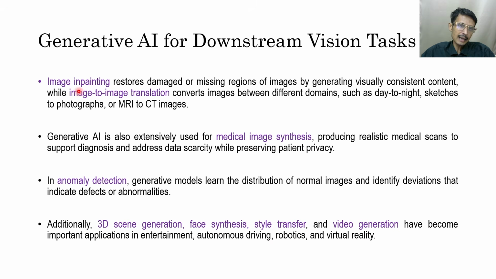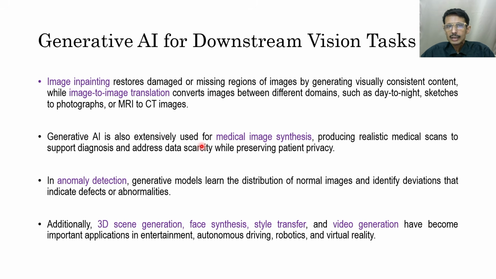Another application is image inpainting, which is also generative to some extent, because some portion is destroyed and we have to restore it. It restores damaged and missing regions of an image by generating visually consistent content, while image-to-image translation converts images between different domains, from sketch to RGB, from day to night, then MRI to CT, etc. Here also generative models are very useful.